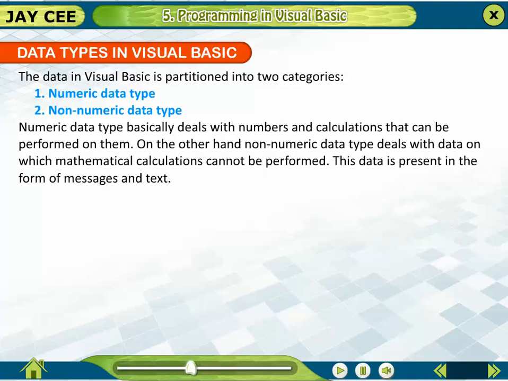On the other hand, non-numeric data type deals with data on which mathematical calculations cannot be performed. This data is present in the form of messages and text.